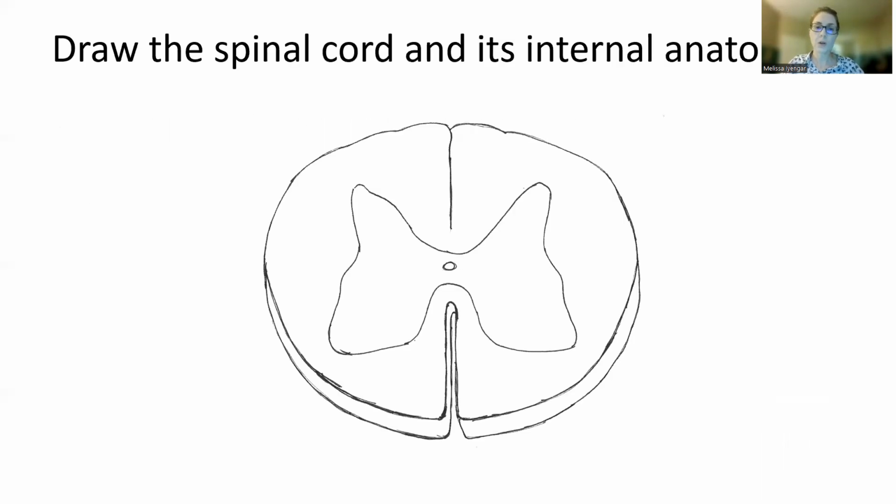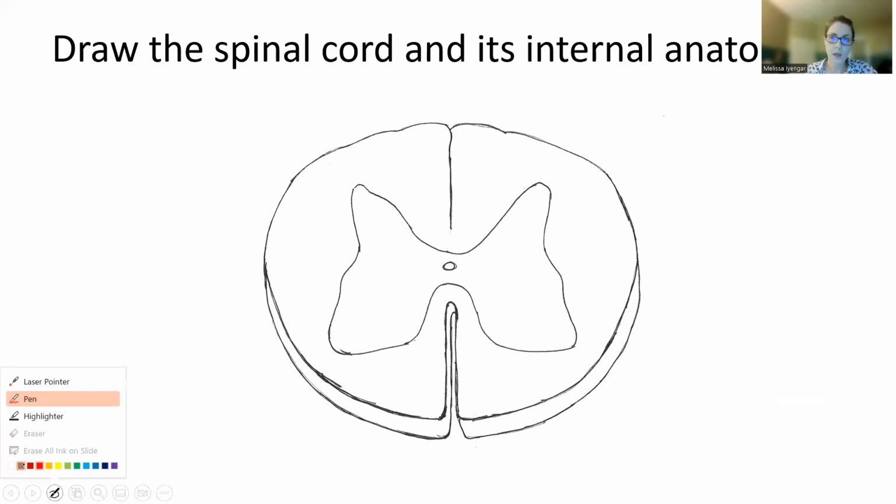Okay. So if you have your PowerPoint here, maybe you printed this out and you're going to draw on top of it, or you have an iPad, you can draw on top of it. The first thing we're going to see is we're taking a cross section here of the spinal cord. Essentially, let's just draw a spinal cord here in a frontal view.